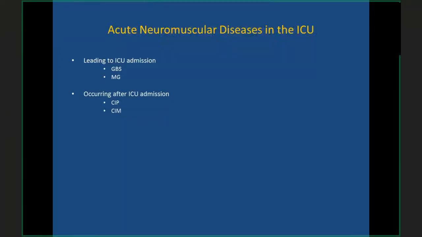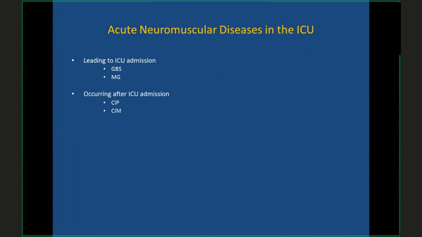Very good. So today we talked about acute neuromuscular disease in the ICU. Basically, two groups. One group, like Myasthenia gravis or Guillain-Barre, leads patients to ICU admission, and critical illness polyneuropathy and critical illness myopathy can happen in the ICU. These two conditions are very common, and right now we still don't know much about pathogenesis.